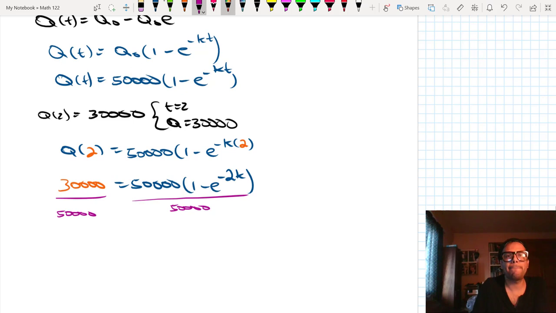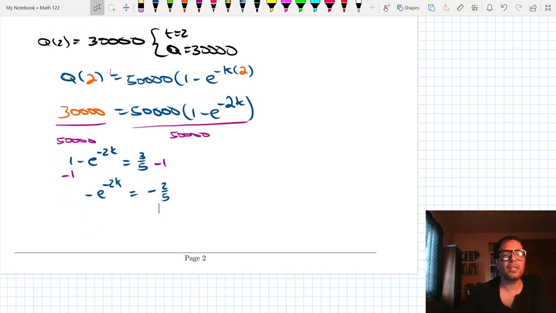we get 1 minus e to the negative 2k equals 3/5. Then let's subtract 1 from both sides to get negative e to the negative 2k equals, so 3/5 minus 1, it's going to be a negative number, negative 2/5.